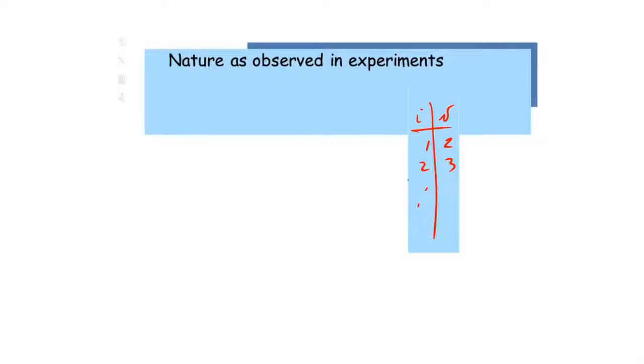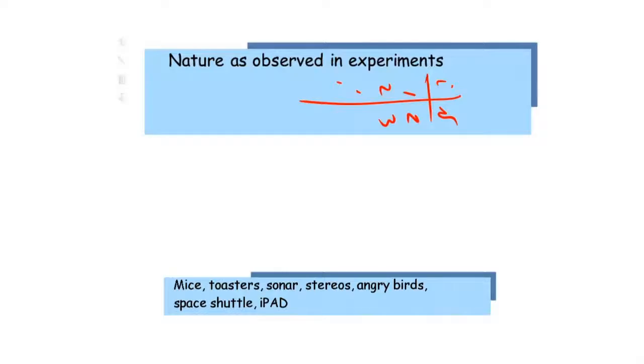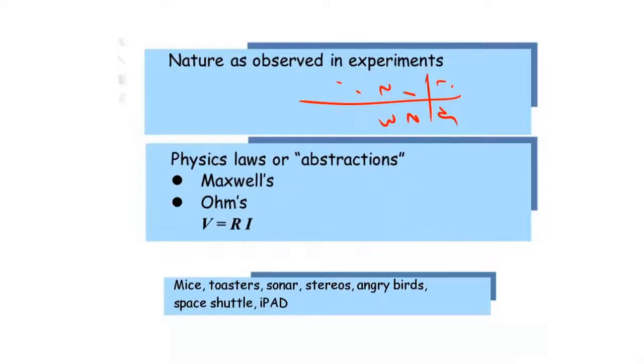But I said that was really hard to do, where the systems would be things like your iPad or video games and all of that stuff. So we said what we were going to do was abstract out all of this measured data and observations of nature, what nature really was, into the laws of physics or abstractions, such as Maxwell's equations.